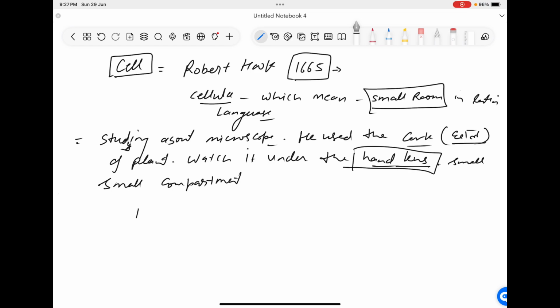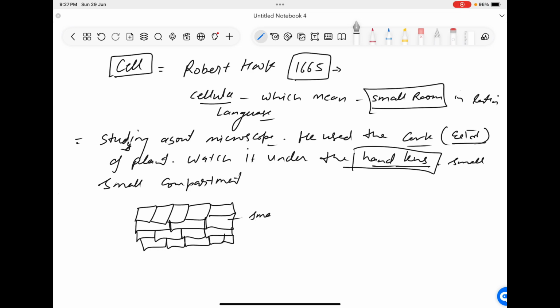Even today, if we use a microscope or cut a tissue section of plants, we see this type of organization of epidermis, endodermis, and so on. So he called them cellula, which means small room.